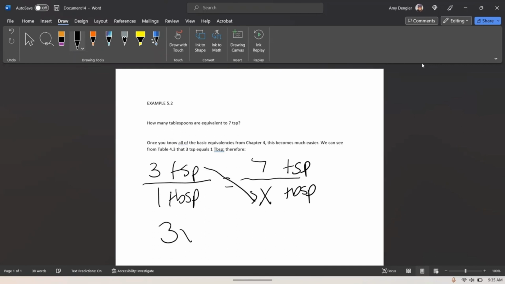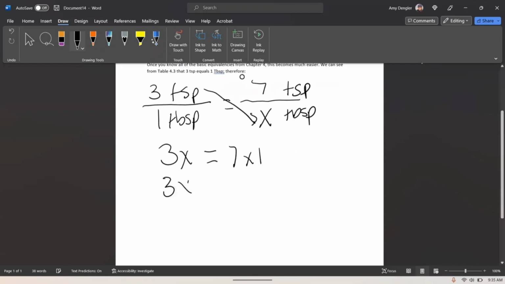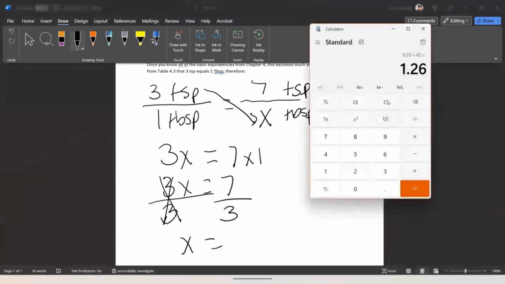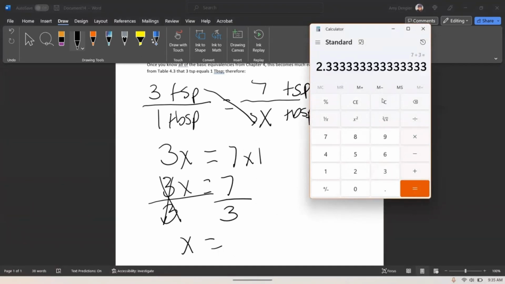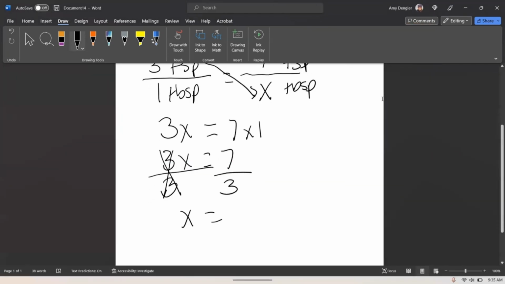So we would do 3x is equal to 7 times 1, which we already know is 7. I'm going to just rewrite it as 3x equals 7. Now we want to get x alone, so we have to get rid of that 3. To do so, we're going to divide by 3, which gives us x on this side. And then we also have to do the same thing over here. So 7 divided by 3 is 2.33. However, we're working with a household system, so we actually can't make that a decimal.